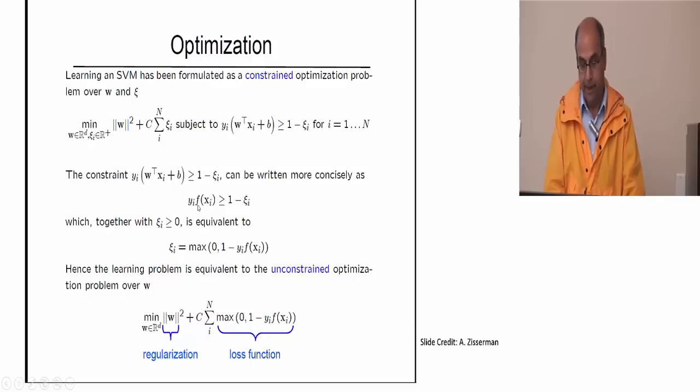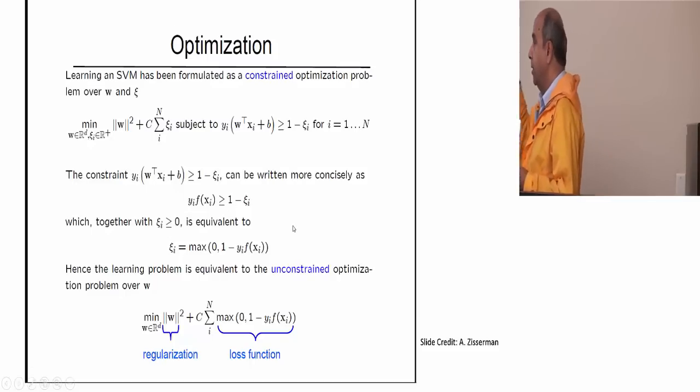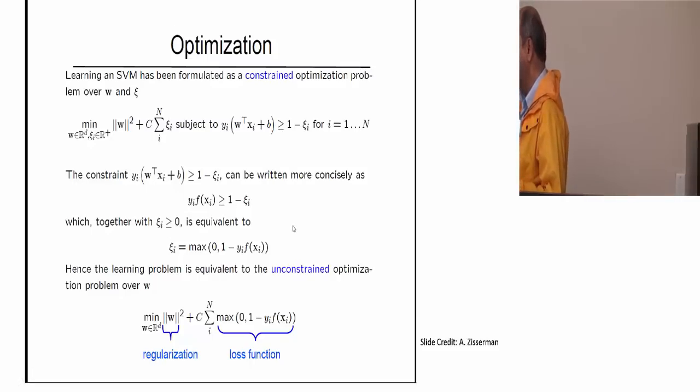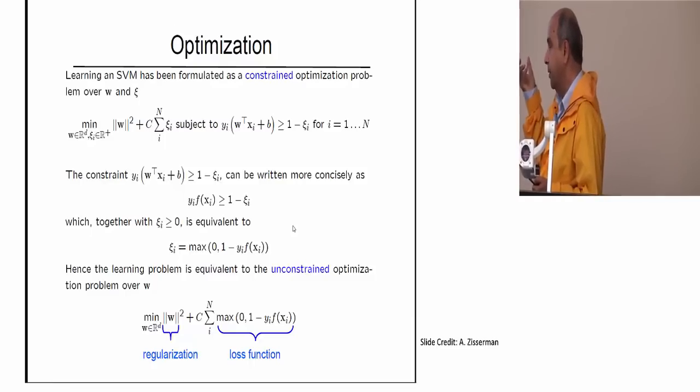You can bring this to the other side, 1 minus yi f(xi), so eta i has to be greater than this, and then we have constrained that eta has to be greater than 0, so we can write it like that. So it's a maximum of two things, which means it has to be positive. Either 0, or if that second term is more than 0, we'll take that value. So it's another way to write that.